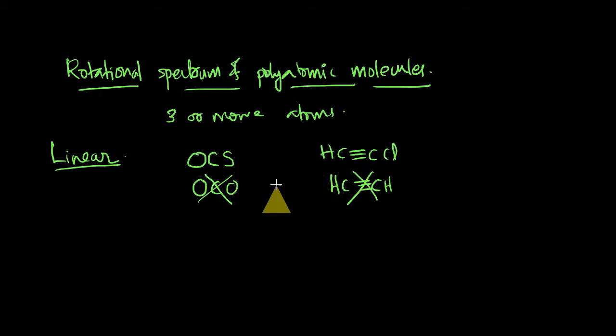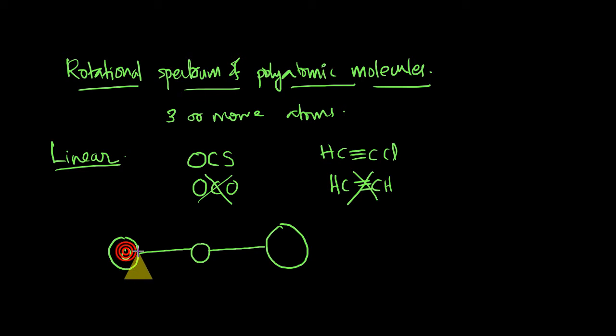Let us take the example of OCS. The oxygen atom is connected to the carbon atom, which is smaller than the oxygen atom, as you can see in this figure. Then the carbon atom is connected to a sulfur atom, which is much bigger than the carbon, and oxygen also. This is oxygen, this is carbon, and this is sulfur.